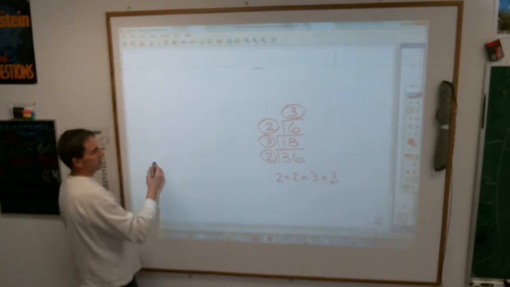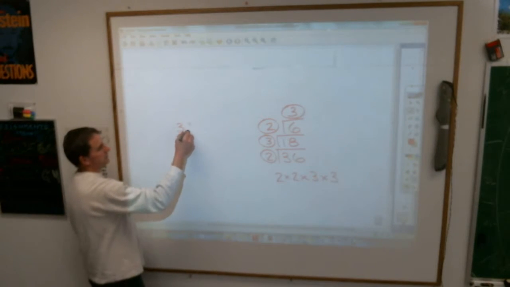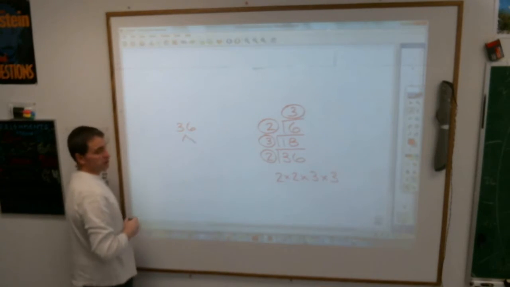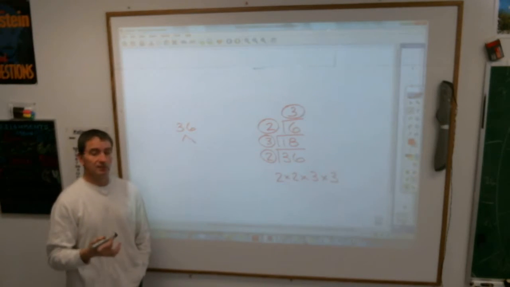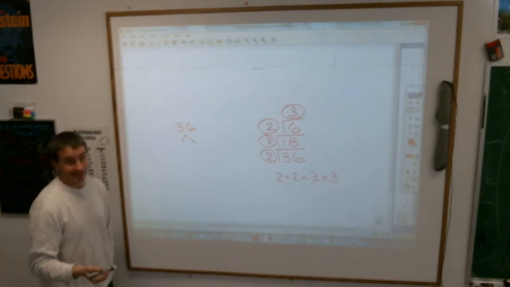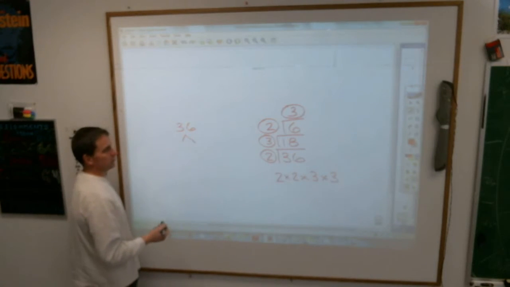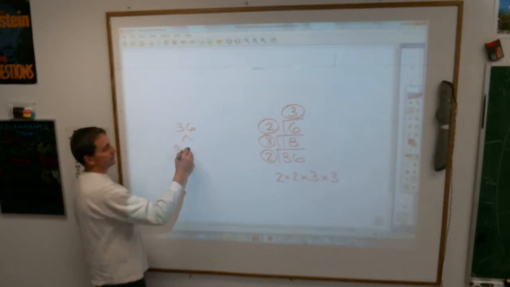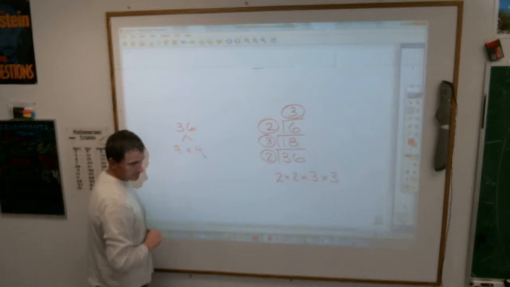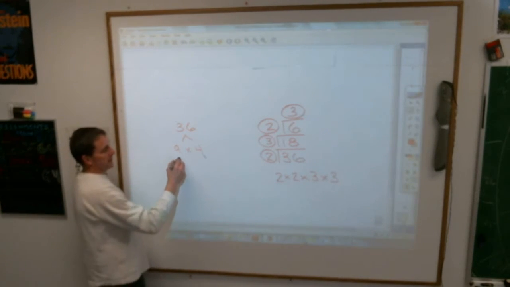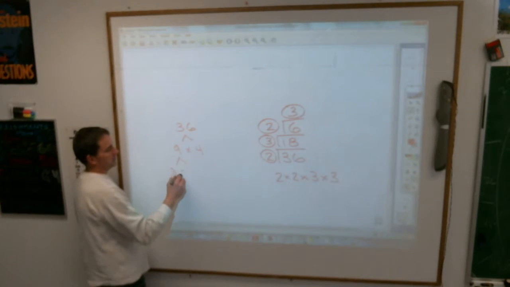Doing it as a factor tree would look like this. It doesn't matter how you start. There are multiple ways you could divide 36: 4 times 9, 12 times 3, 18 times 2. Any of those will work. I'll use 9 times 4. Can I break down either of those? Sure. What times what gives me 9? 3 times 3.